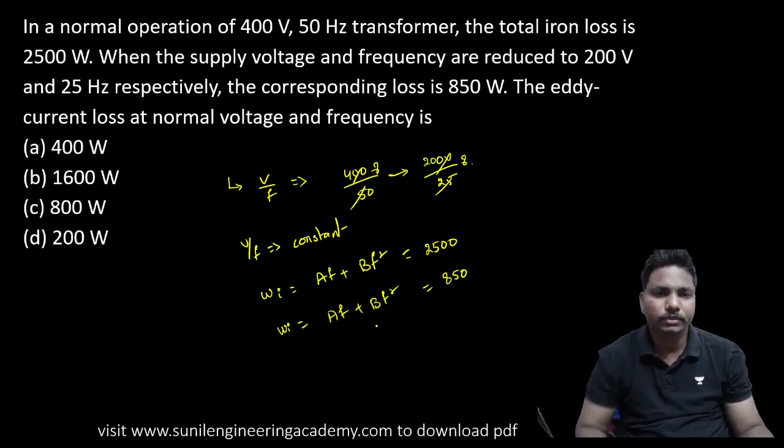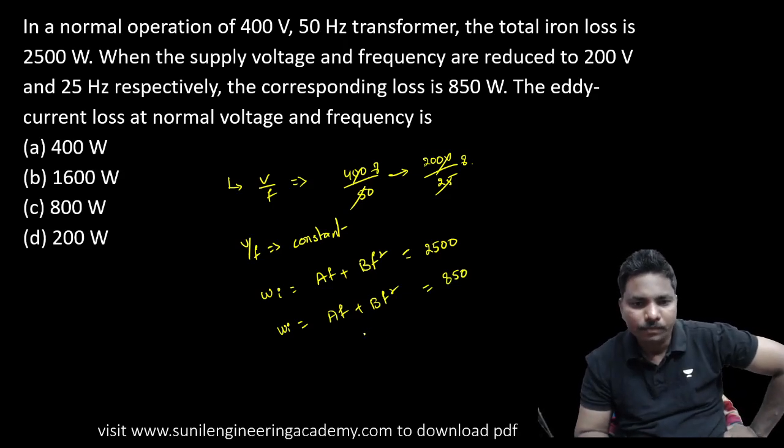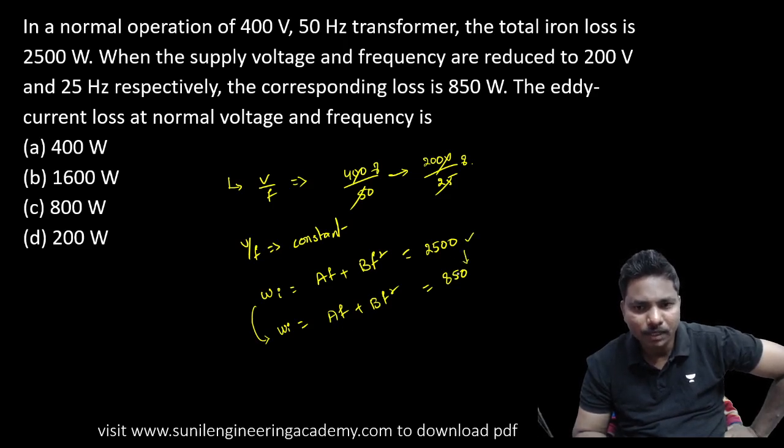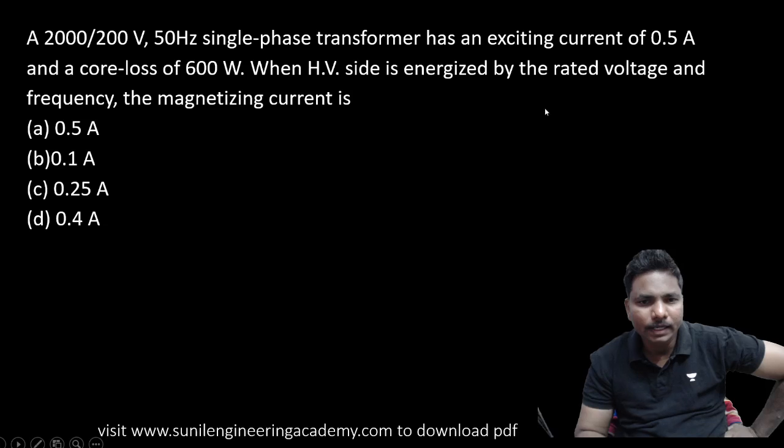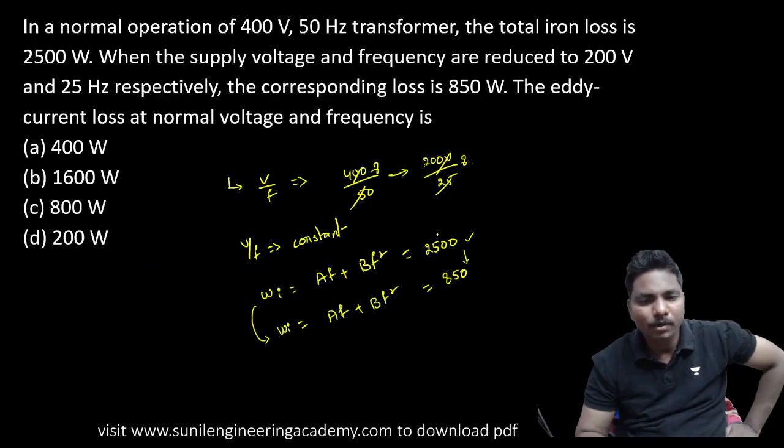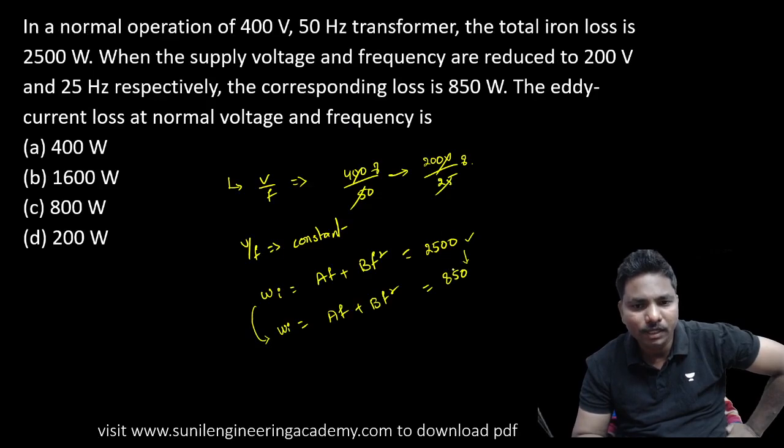Now the eddy current losses will be dash. The eddy current losses are very high compared to the hysteresis losses. Here the sum of these two is 2500, and it is reduced to this much, so the eddy current loss under normal voltage and frequency may be more than 850.